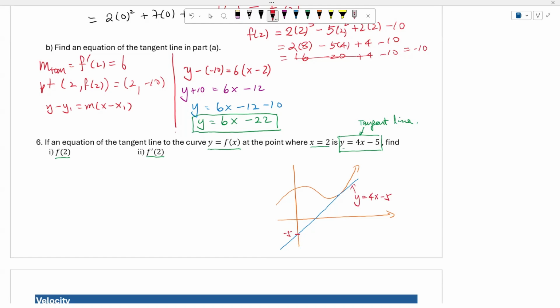Okay. Then now let's think about this. If you have a tangent line at x equal to 2, meaning in this case right here, they share the same point at x equal to 2. So in this case, this point right here will be (2, f of 2) now.